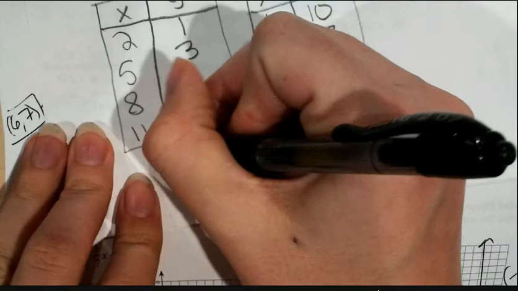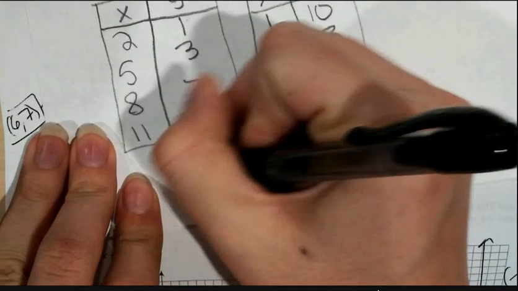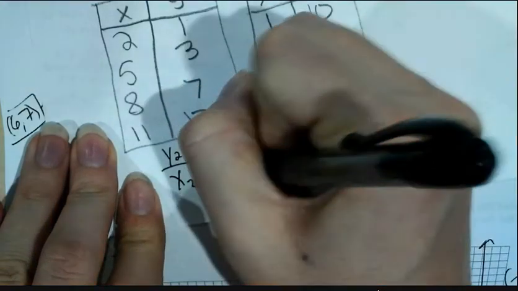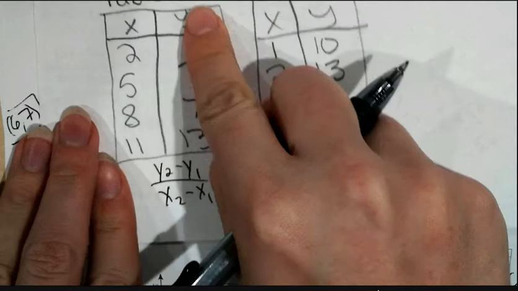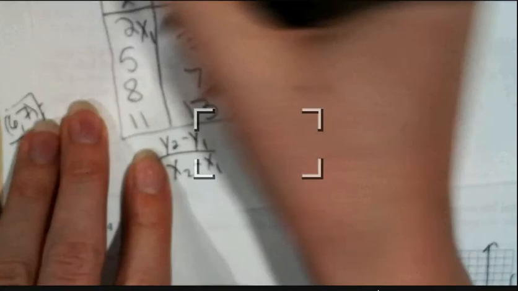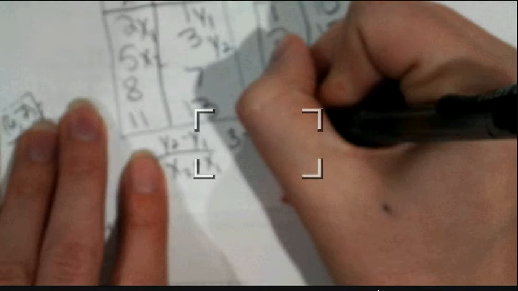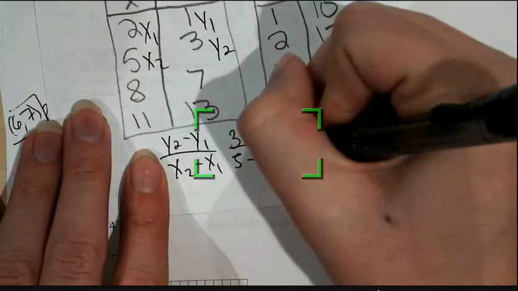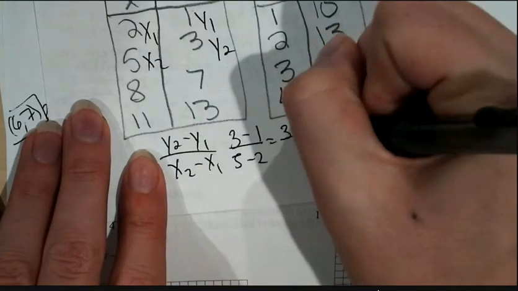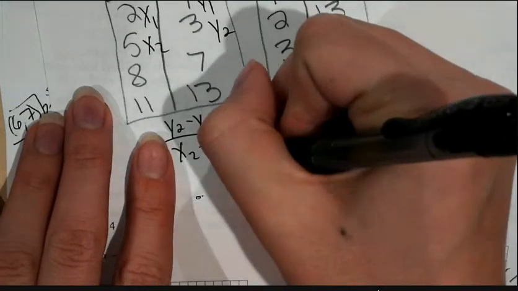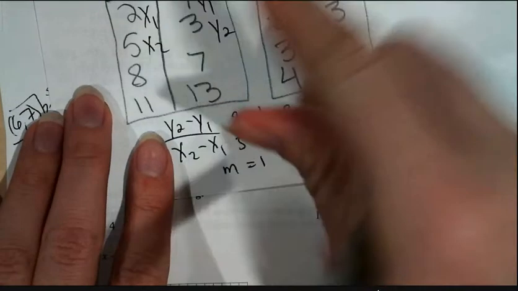So y2 minus y1 over x2 minus x1. So I'm going to call this equation 1. So I'm just going to do 3 minus 1 over 5 minus 2, which equals 3 over 3, which equals 1. So m equals 1 for the first equation.